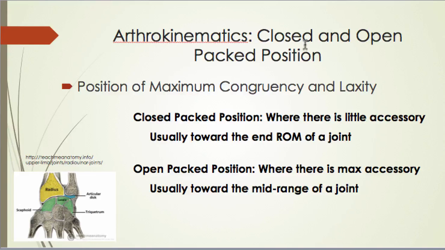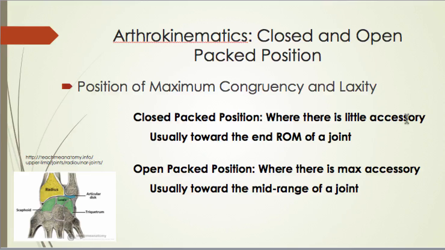In the mid-range of a joint, generally, we have more accessory movement that takes place, whereas at the end range of a joint, and that will depend on the joint, as we'll learn through the semester, at the end range of the joint, we call it the closed pack position because it is the position of maximal congruency. That's the closed pack. The position of maximal laxity is the open pack position of a particular joint. So here, closed pack position, there is little accessory motion.